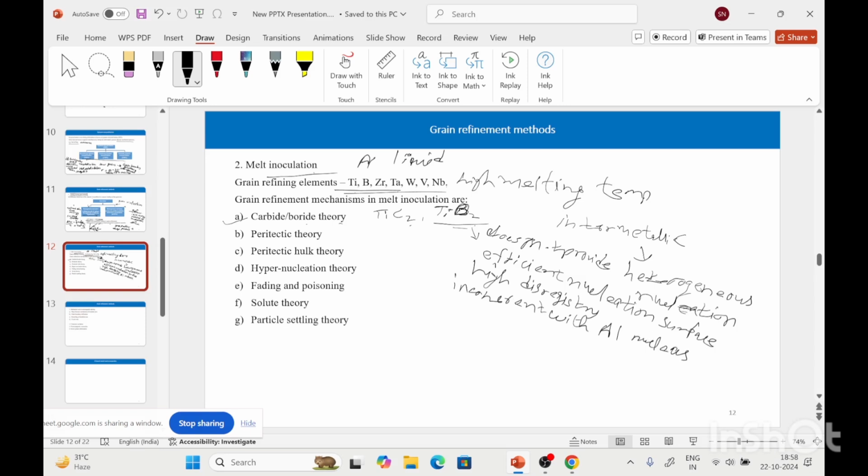So the formation of this boride is not preferred, while the titanium carbide has low disregistry and helps in the generation of more nucleation, more nuclei. So this leads to a high nucleation rate and more grain refinement.